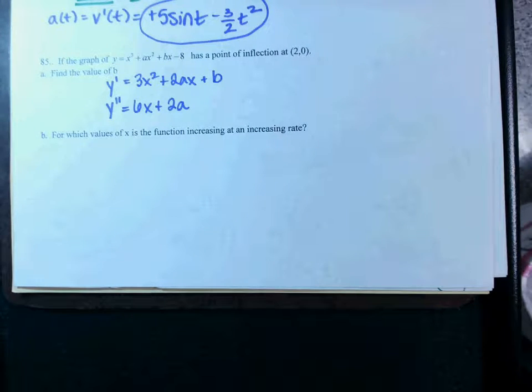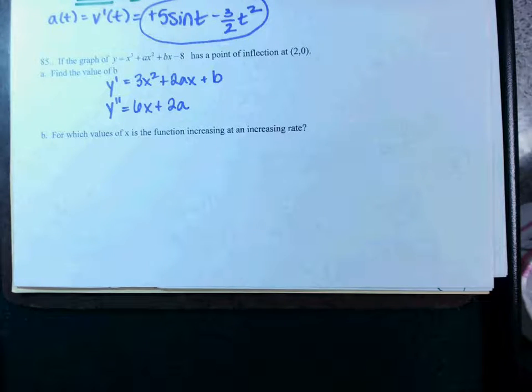Okay, now think about what happens at a point of inflection to the sign of this. It has to change, yeah? Now, if it changes sign, what does it have to equal at that point? 0. Okay, so one more time, think about it. For a point of inflection to happen here, what does y double prime have to equal? 0. When does it have to happen? At 2. Is that enough for you to find A? Yes. So, find A for me.